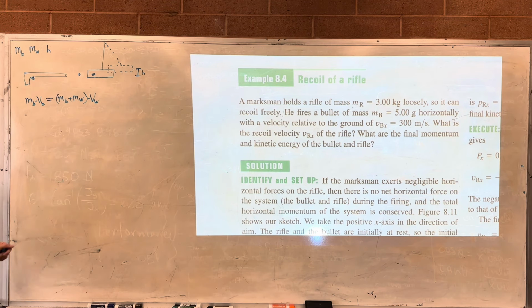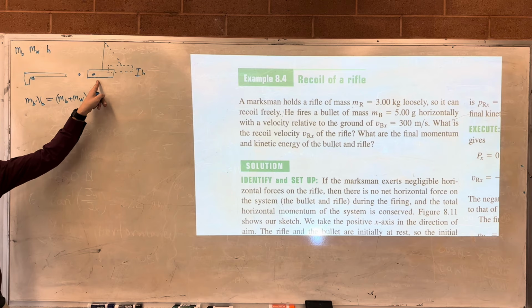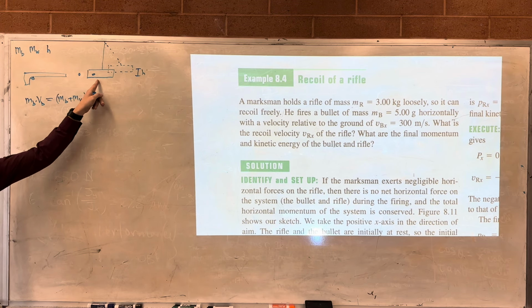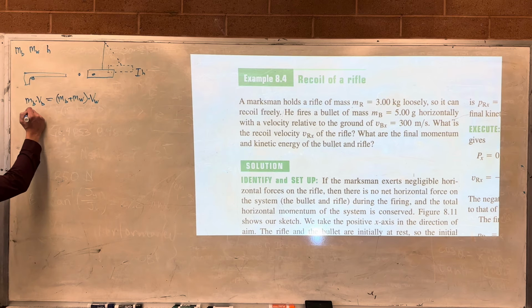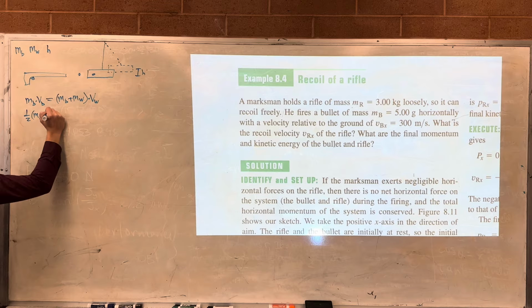Now, what is the kinetic energy of the system when the bullet goes into the block? The kinetic energy of the block, once the bullet goes in there, is going to be 1/2 the mass of the bullet plus the mass of the wood, times the velocity of the wood squared.